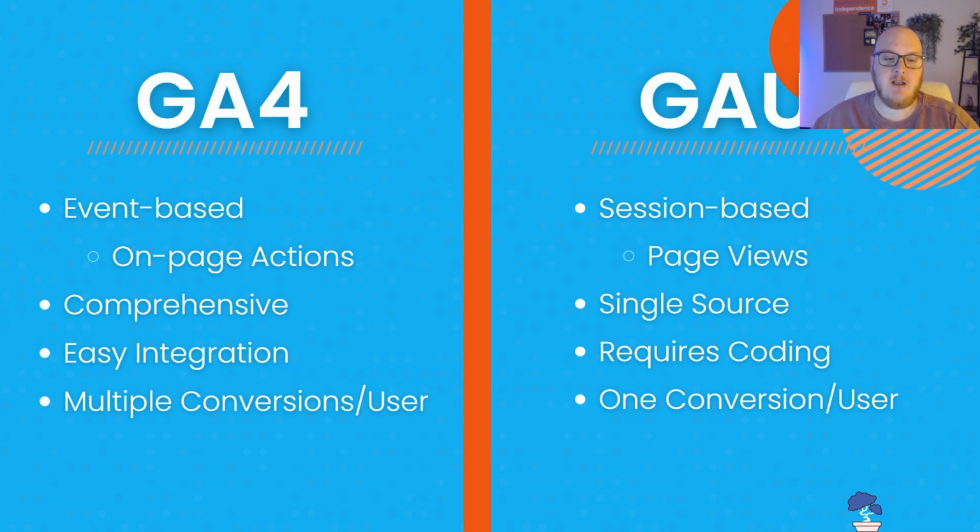Another big difference is that GAU was very good at single source attribution, whereas GA4 allows much more complex and robust tracking for multi-channel and omni-channel tracking as well. So it's able to capture many different points that are outside of the Google ecosystem and bring it all into one system.